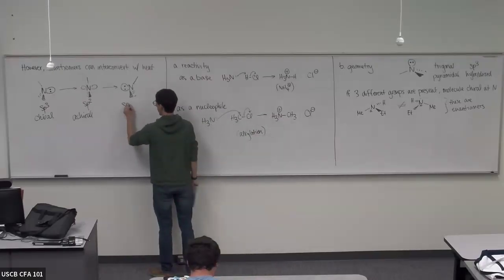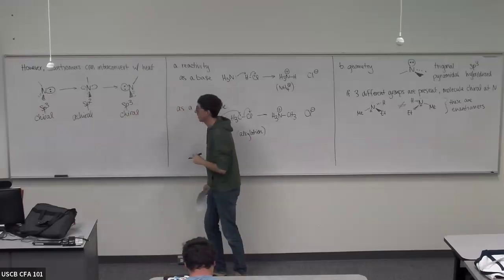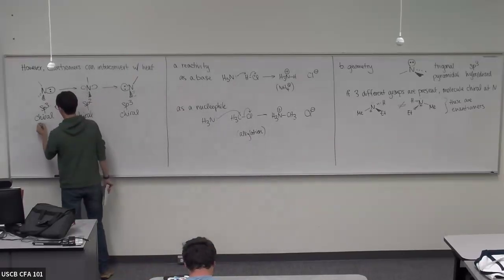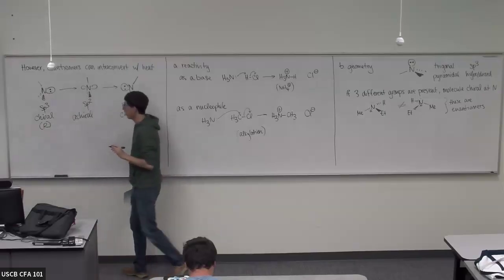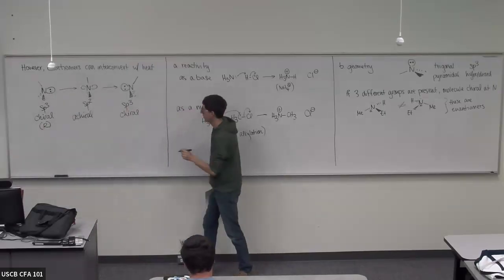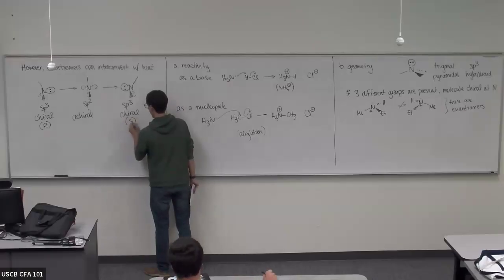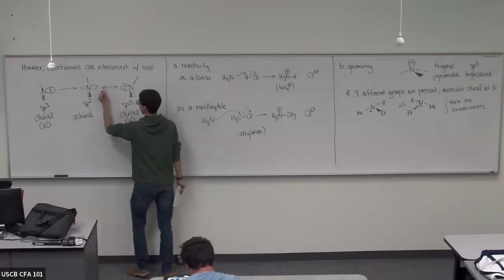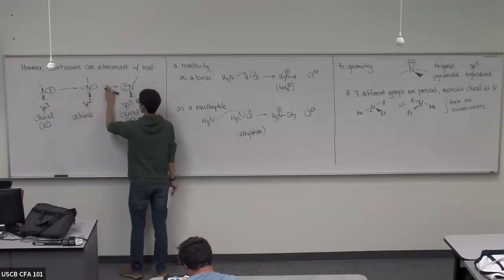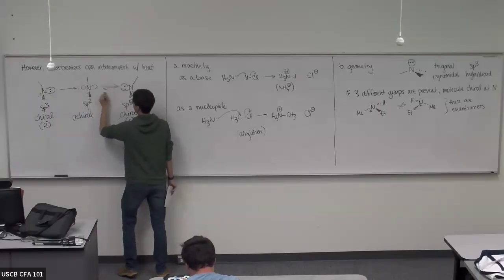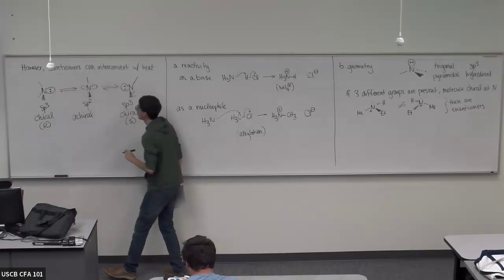And again, this is sp3, and it's chiral. So, for example, if this happens to be the R enantiomer, this is going to be the S enantiomer. That's where equilibrium comes back.